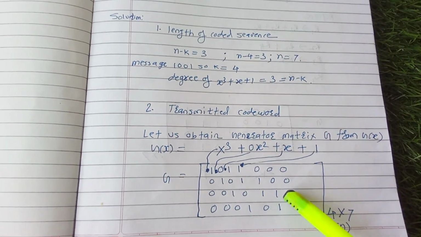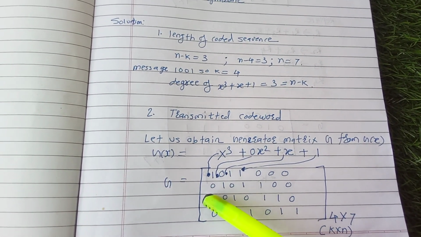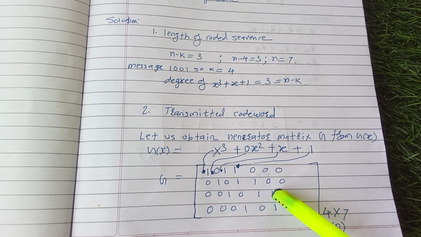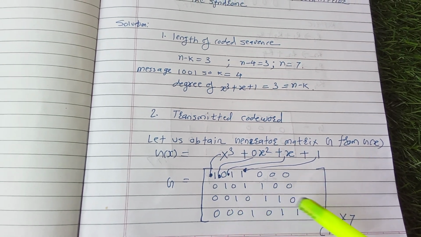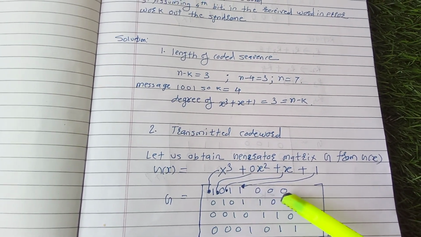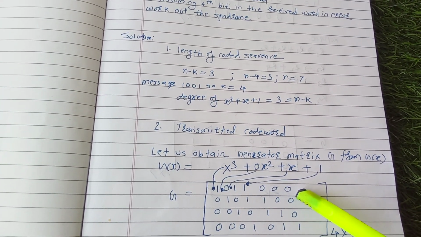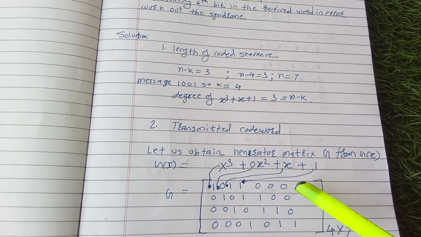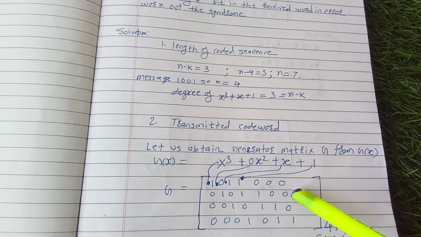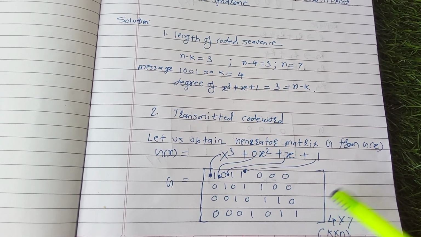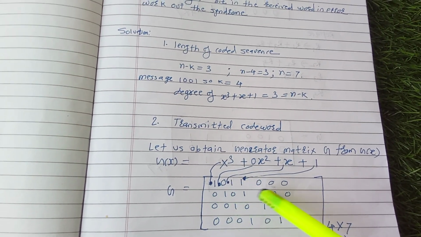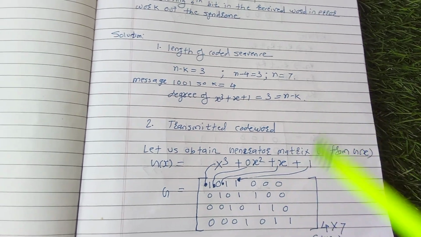Then after that, take this 0 here and write down this row ahead up to 1. That means you are doing the cyclic shifting of these 7 bits. So in the first cyclic shift, 0 is here and all these come ahead of it. That we have seen in previous videos also, but it's easy. Take 0 here and write down the other terms, then 0. Cyclically you are shifting.